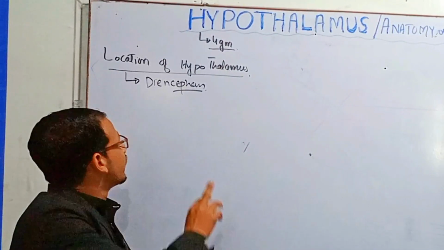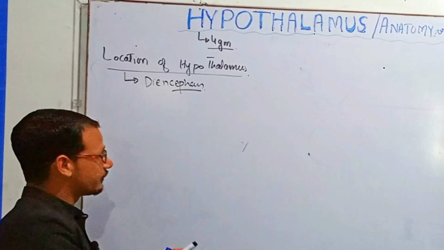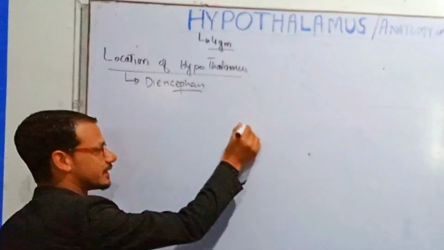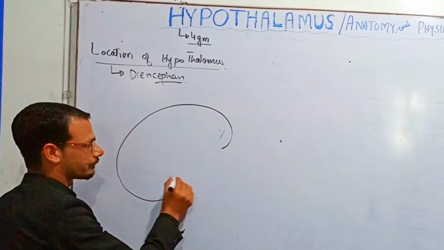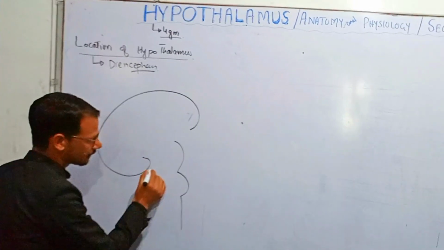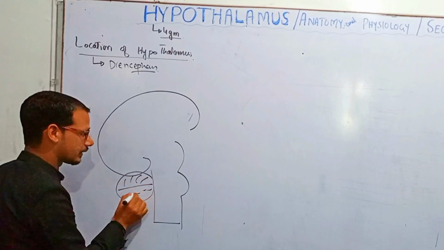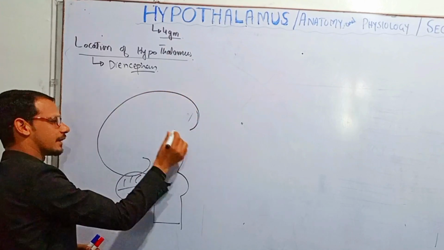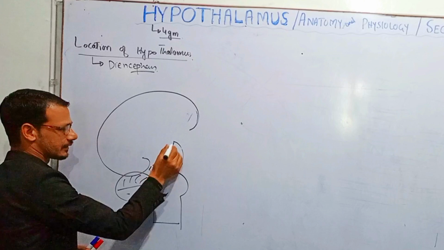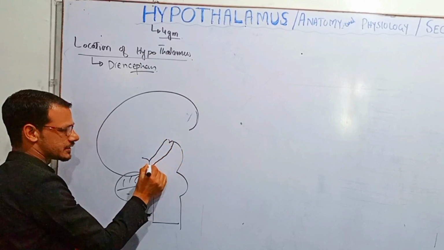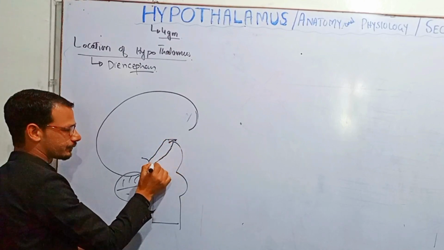Right. Diencephalon. First of all, for example, this is simply the brain. This part is called the forebrain. This is the midbrain.